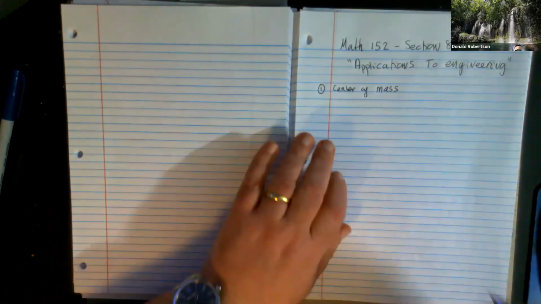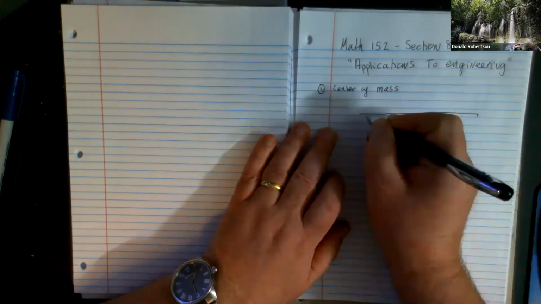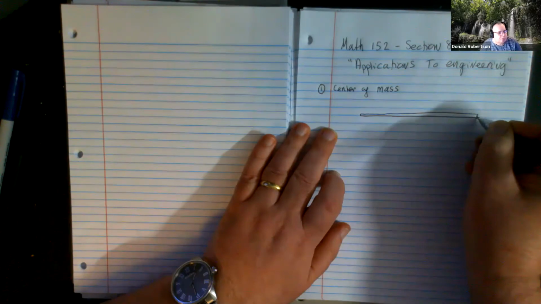So, I want you to imagine that we have a piece of wood that is so thin that its weight is negligible. Doesn't really matter, right? And that this piece of wood has a scale like a ruler.